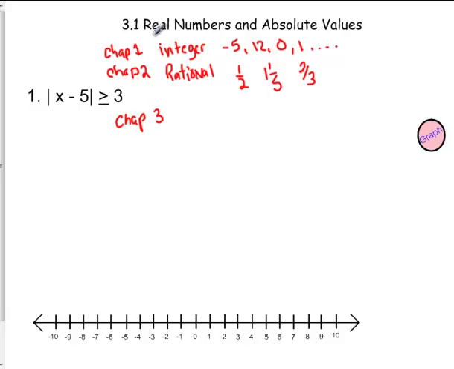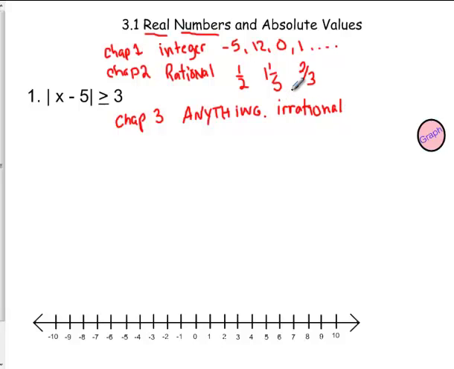And chapter 3 says real numbers. Well, real numbers are the highest form of number that you know. And that is anything you can think of. So that could be integers, it could be rationals, it can be our new word, which isn't really new, irrational.